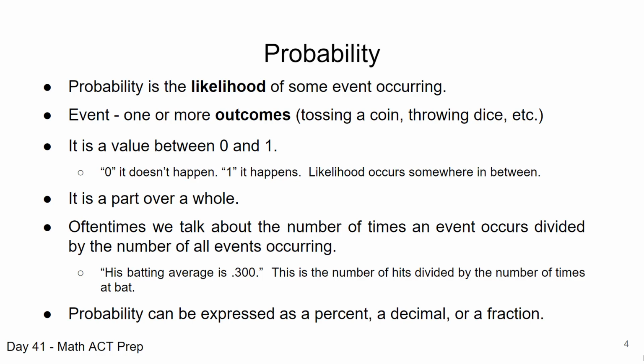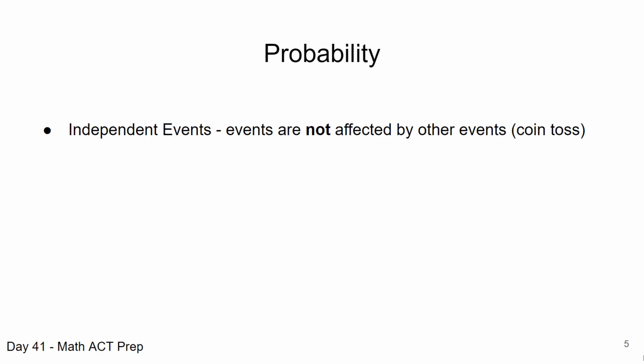And like we've already touched on here, we can express probability as a percent, a decimal, or even as a fraction. So I want you to be familiar with all three types of expressions for probability. A couple of other definitions come into play. We see these sometimes show up in questions. An independent event. Event, remember, we said has some kind of outcome.